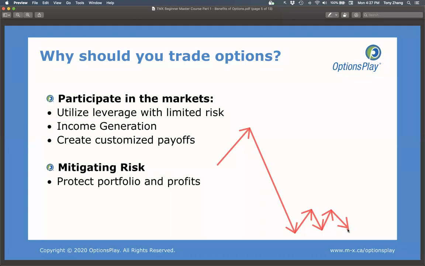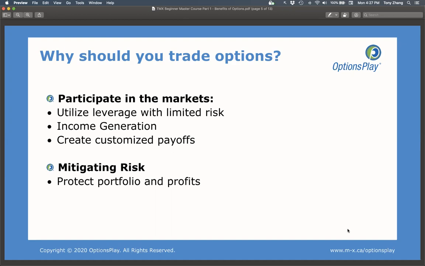You can have various ways of thinking about where a stock will go, whether it's based on fundamentals, news, or technical analysis. There are lots of ways many of us trade stocks, and we can utilize options to create these customized payoffs that provide us with profits if the stock acts in a certain way. That doesn't have to just be up or down. So that's the primary reason why many people utilize options to trade in the markets.